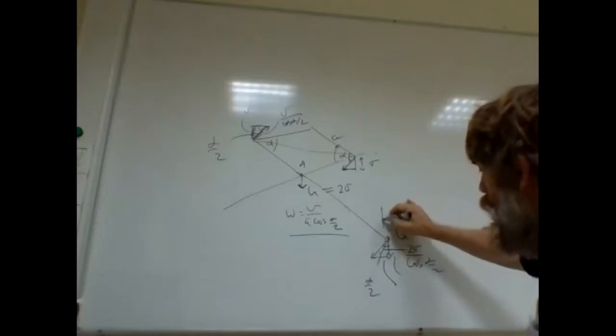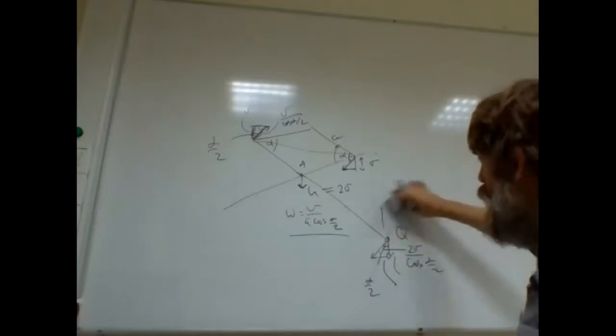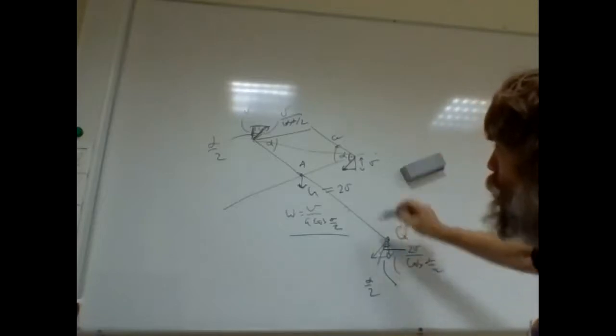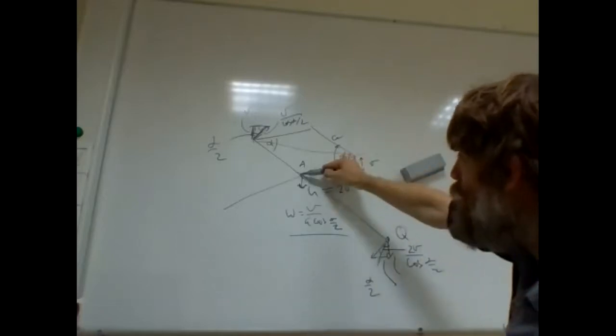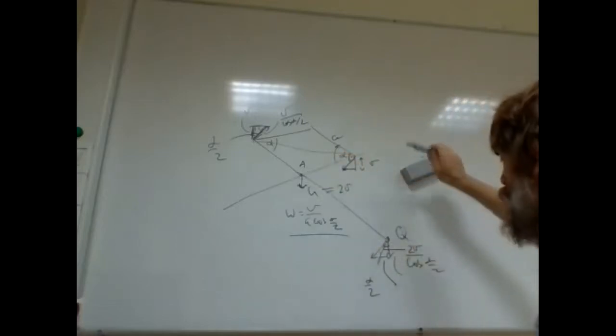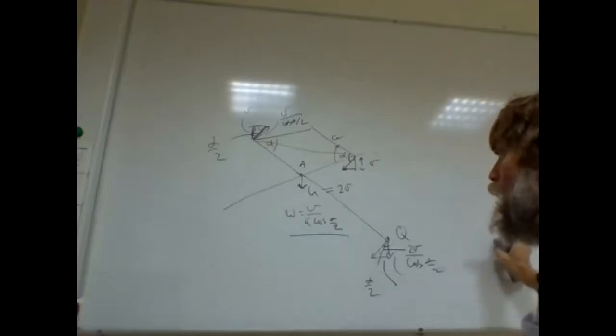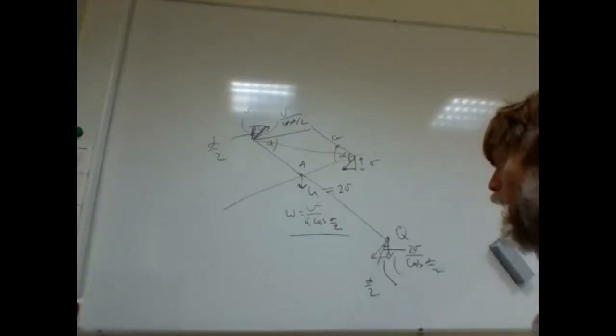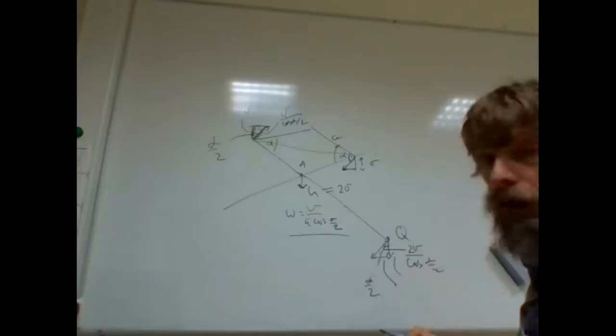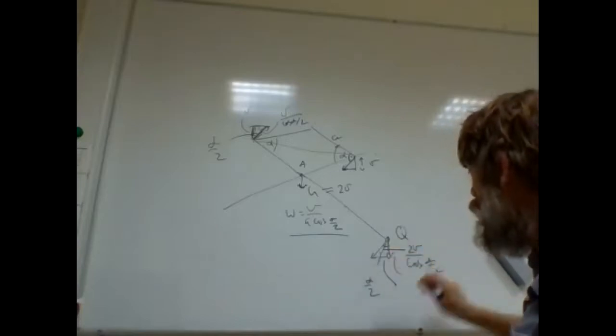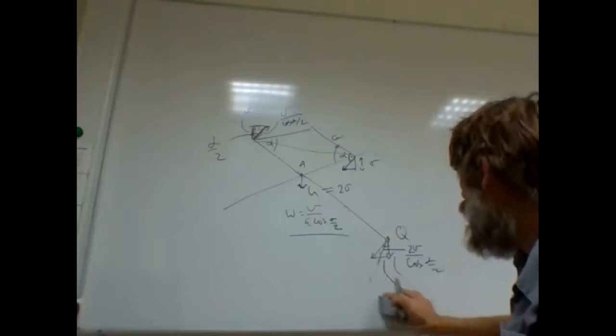Actually, you already knew that this point here, if this goes down with v, this goes down with 2v, and this goes down with 4v. So in the lab frame, this point here goes down with speed 4v.